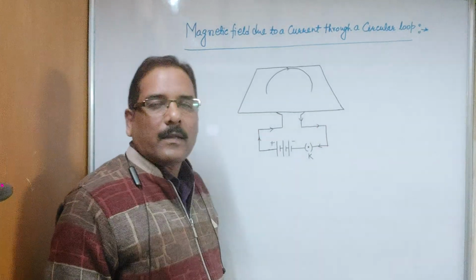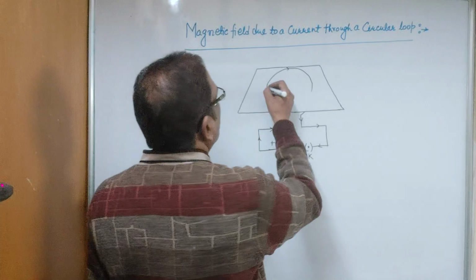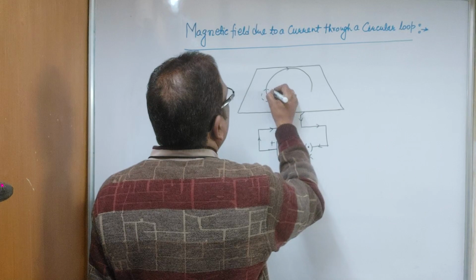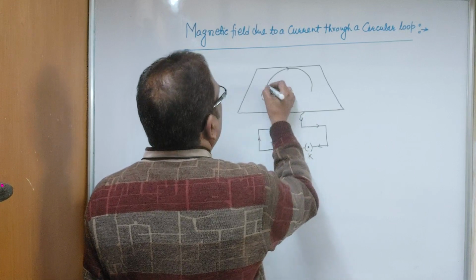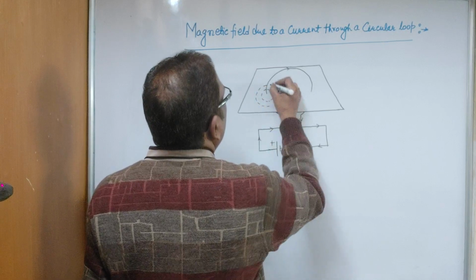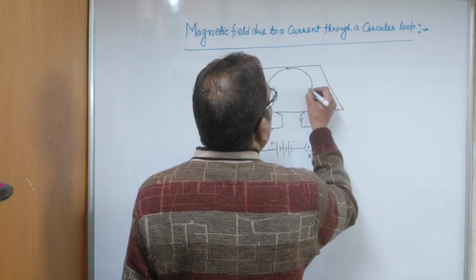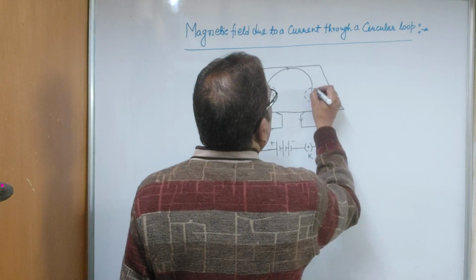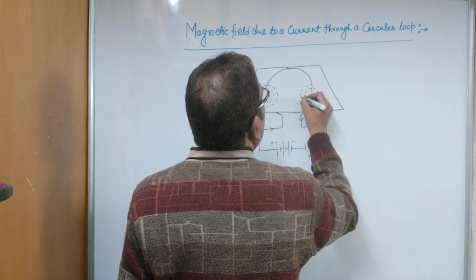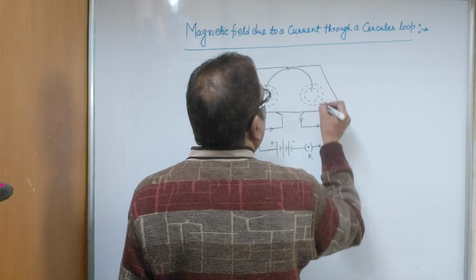Now you have to sprinkle the iron filings on the cardboard, and when you gently tap the cardboard, this time again you will get concentric circles near the two segments of the wire, like this, and these concentric circles show the direction of magnetic field around it.